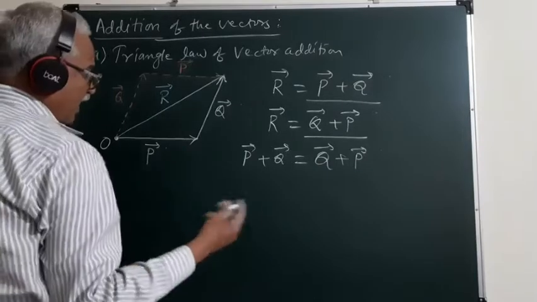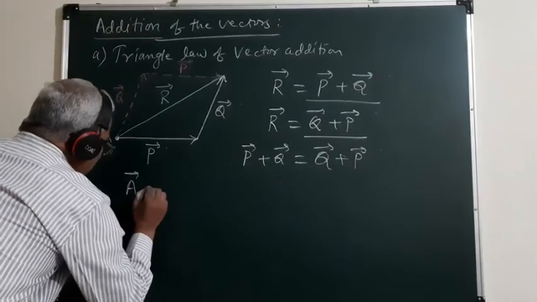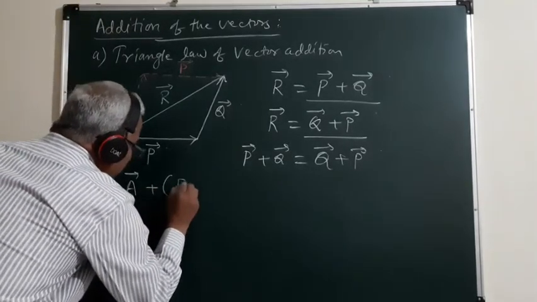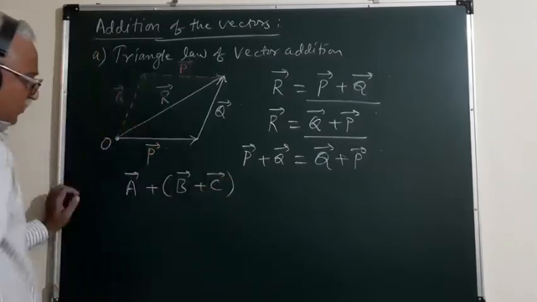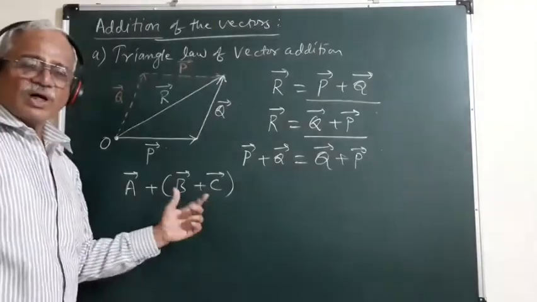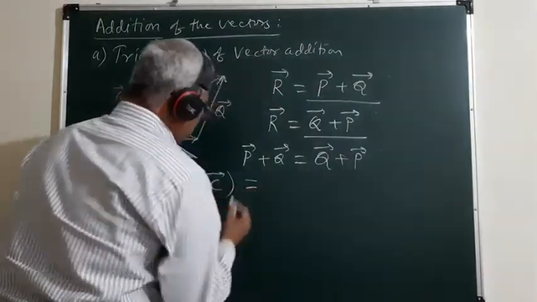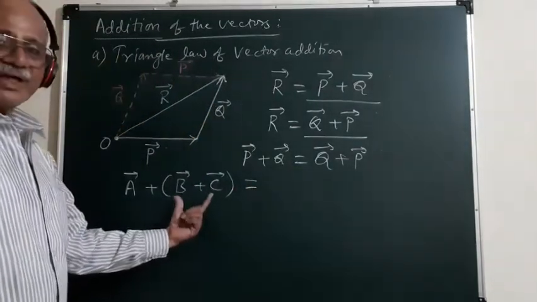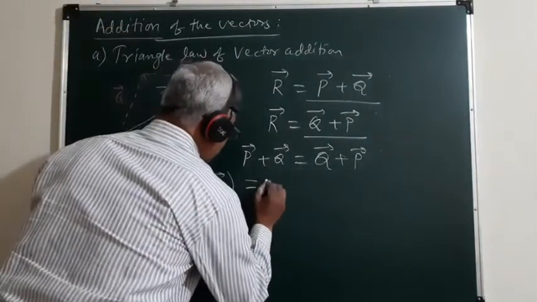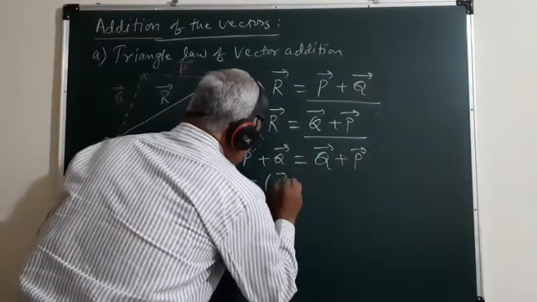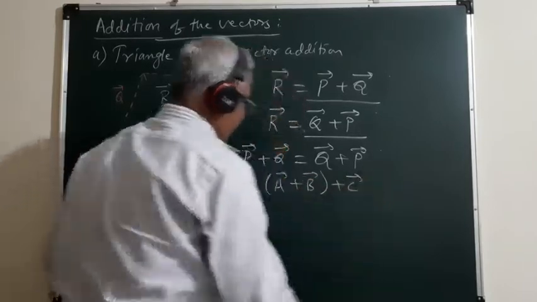Similarly, if we want to add three given vectors, we cannot add them directly. For that purpose, we first add any two out of the three given vectors, and then this sum is added to the third vector, and this is nothing but a bar plus b bar plus c bar.